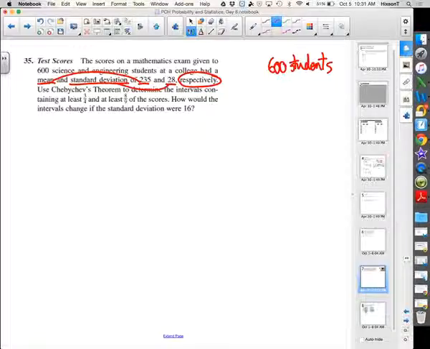I know that's sometimes a hard thing to make sure we keep straight. So our mean is 235, standard deviation is 28. We're going to use Chebychev's theorem to determine the intervals containing at least 3/4 and at least 8/9 of the scores. So first of all, how many standard deviations did we have for 3/4? 2.